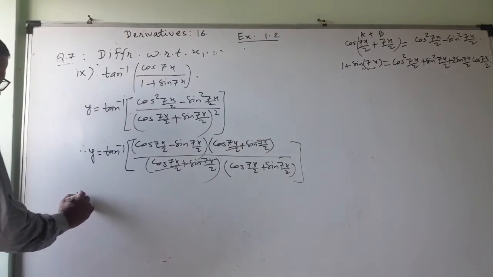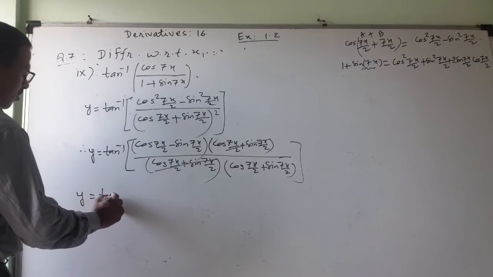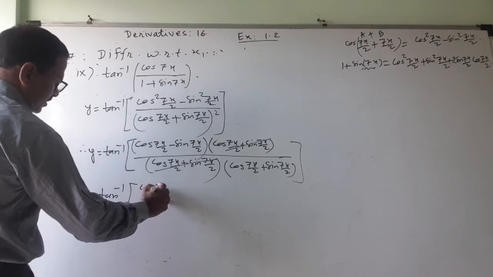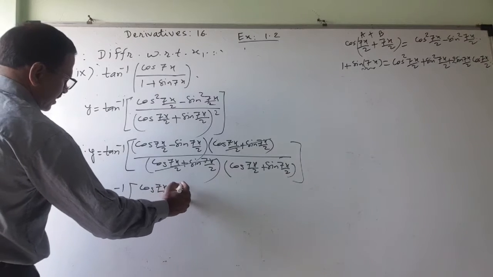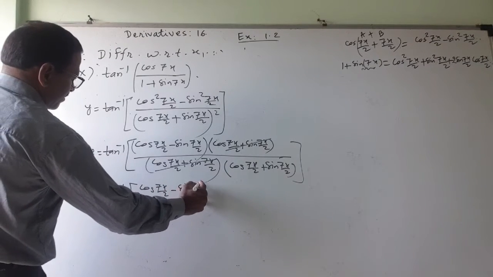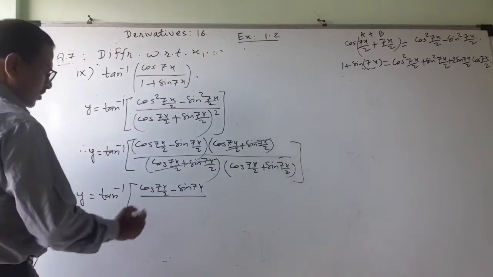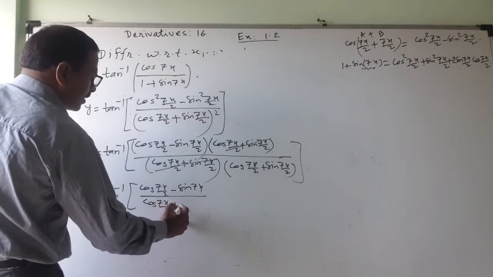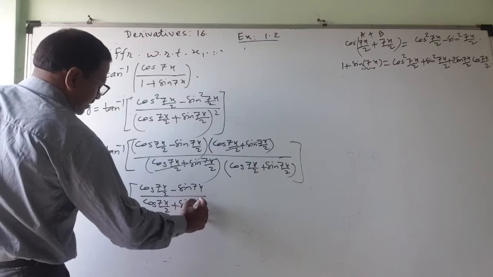So y is equal to tan inverse of, what is remaining that I will write, cos of 7x by 2 minus sine of 7x by 2 upon cos of 7x by 2 plus sine of 7x by 2.